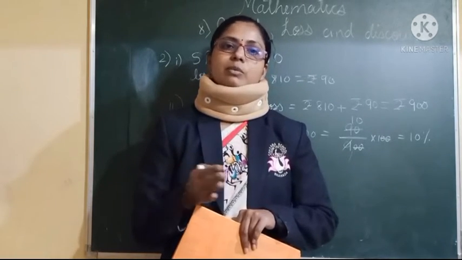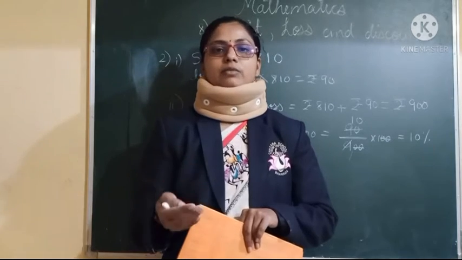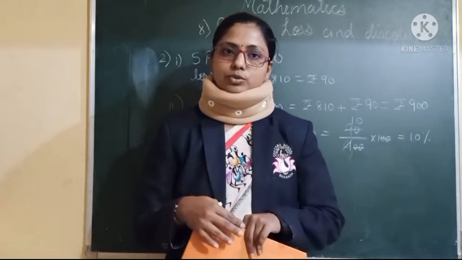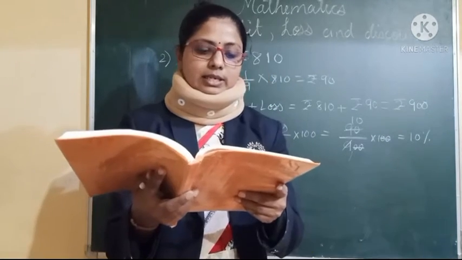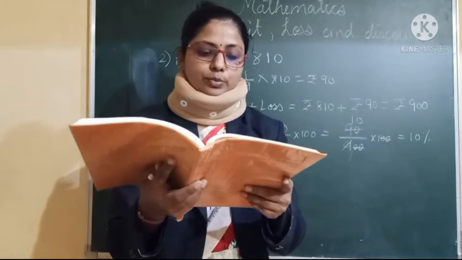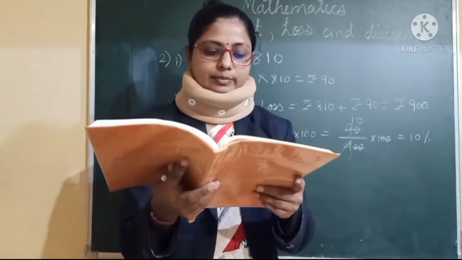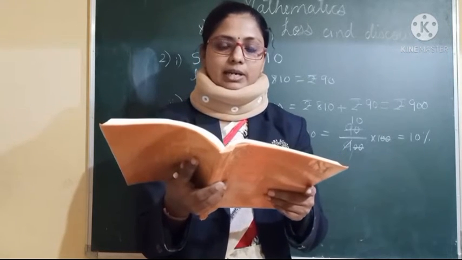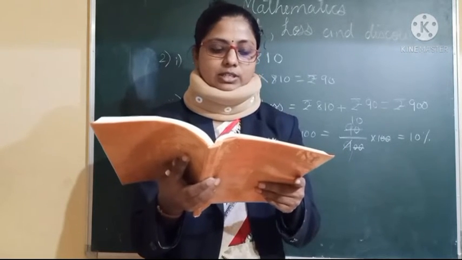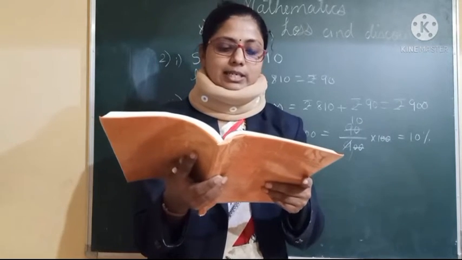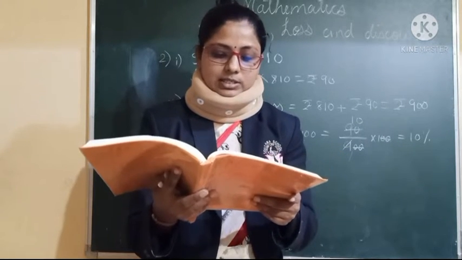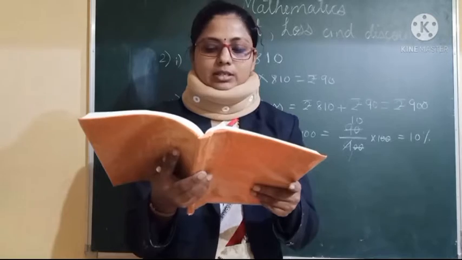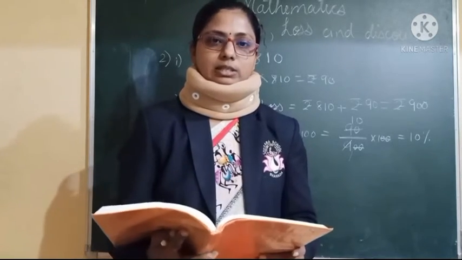We only have to do some manipulation in it and then solve it. Let us look at this question. Sold his bicycle for rupees 810, losing 1/9 of its selling price. Find first the loss, second the cost price of the bicycle, third the loss percent.